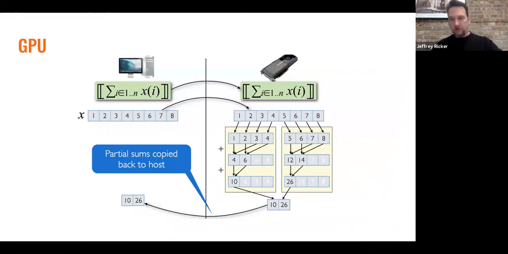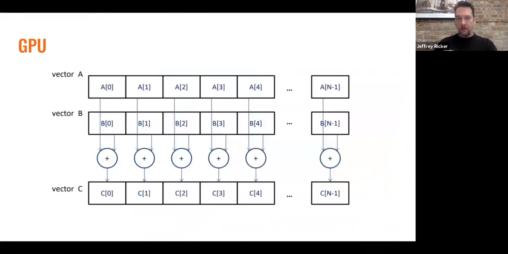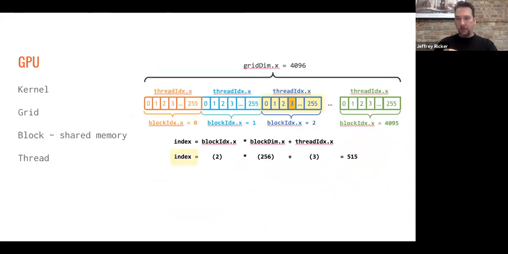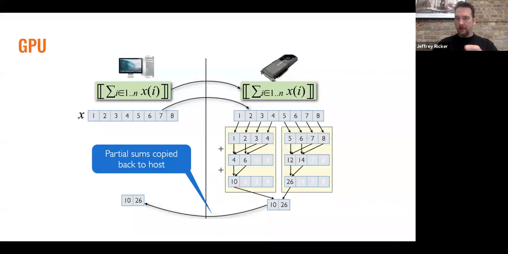So you start with that array, and at the kernel level, you hand it off to the GPU, and you specify what grid structure and block structure you want in the GPU to run on this array, which probably maps to the shape of your array.